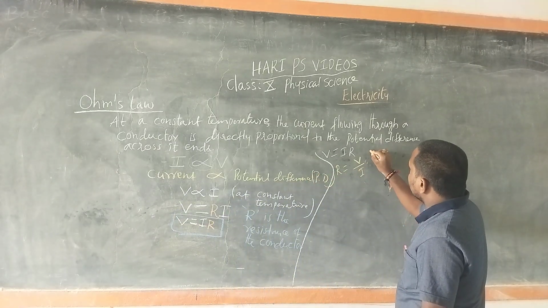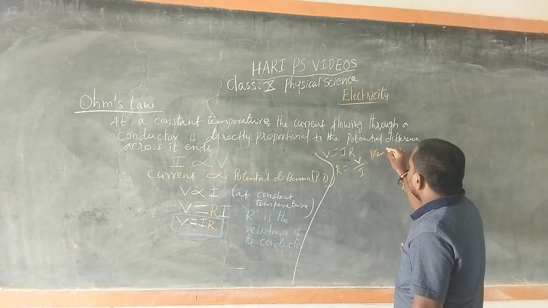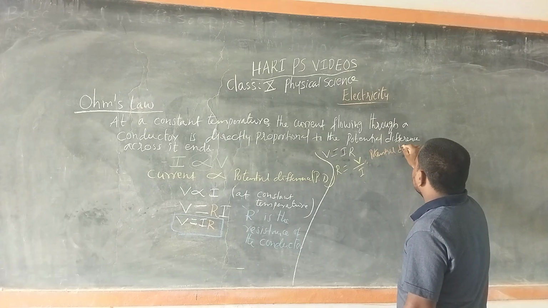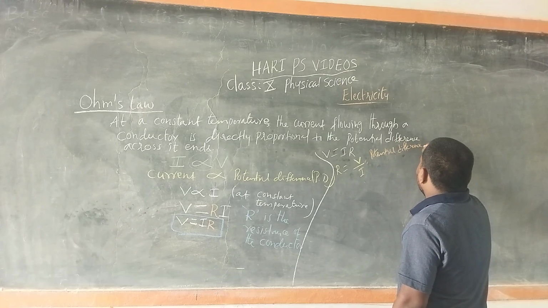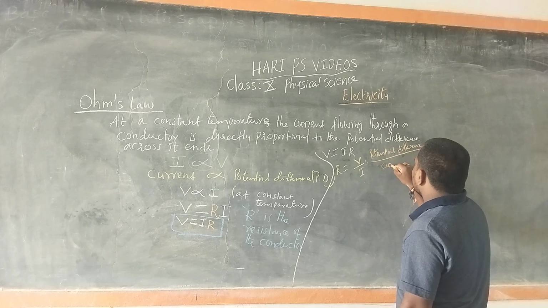So resistance R is equal to potential difference by current.